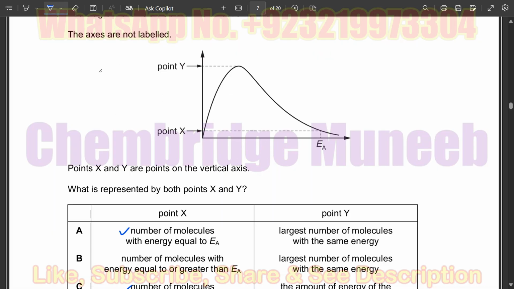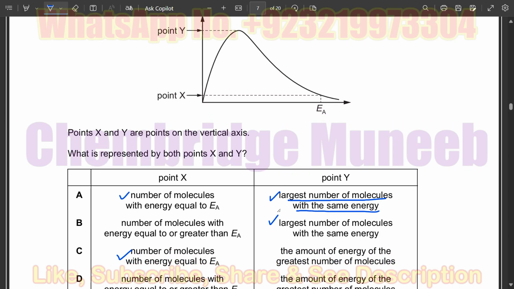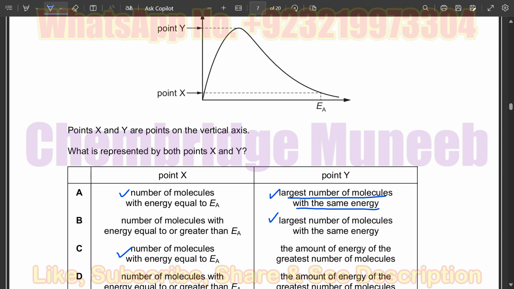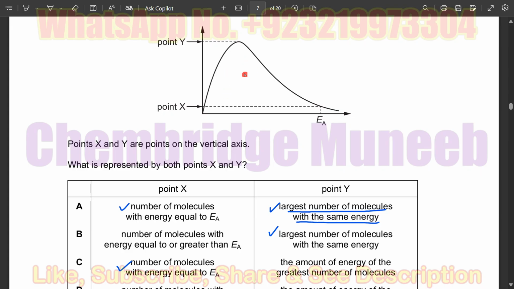Now we are back. So point Y is basically the largest number of molecules with the same energy. We cannot select the amount of energy or the greatest number of molecules, because the greatest number of molecules can be present in the whole of this area.